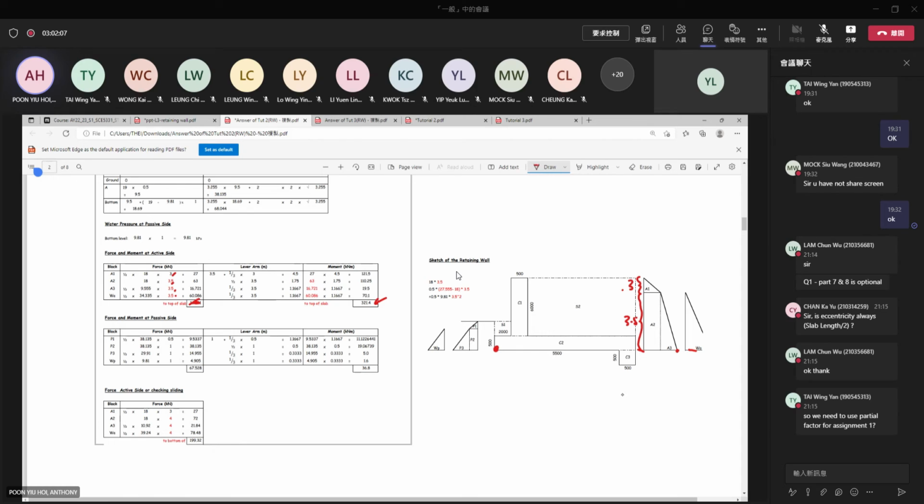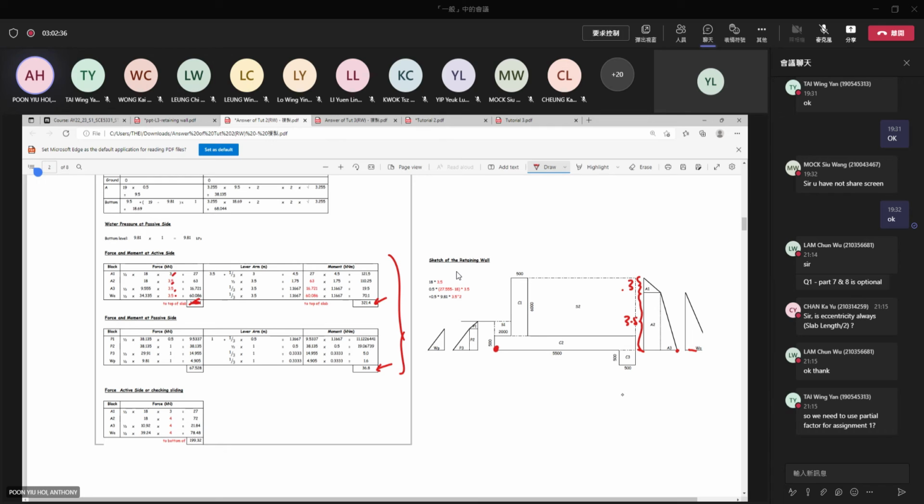This is 1.5 and 1 meter. Okay. And this is the resisting moment. And there's no factor of safety applied here, so you have to make the assumptions. Okay, so this is for checking the overturning.